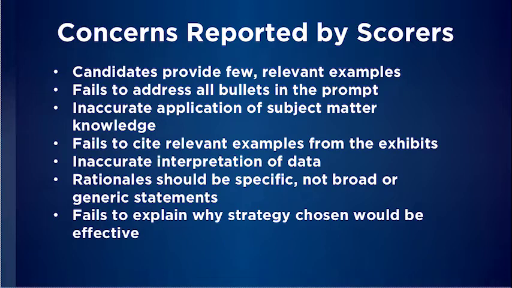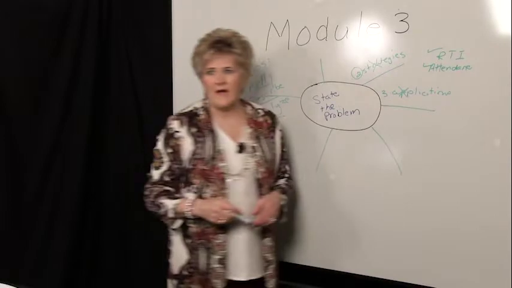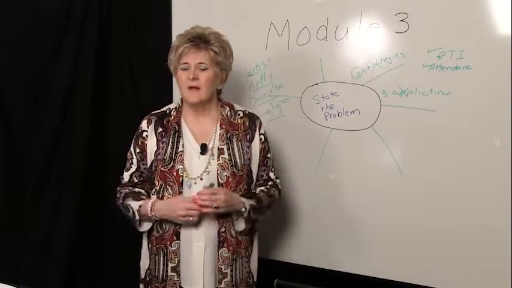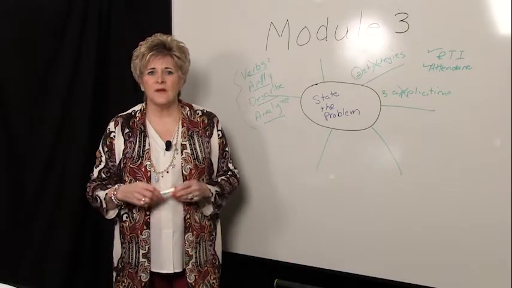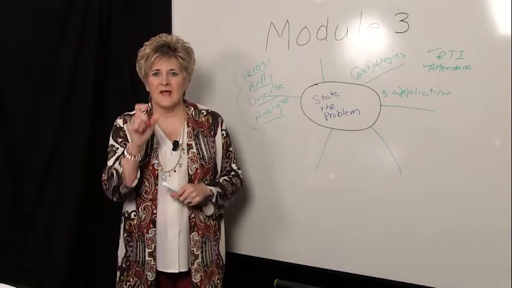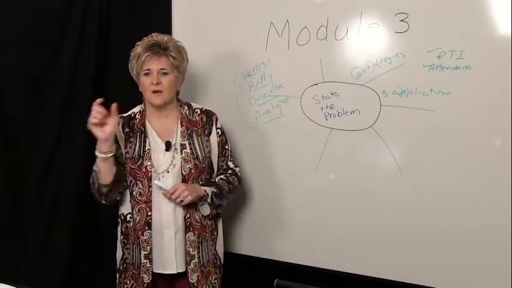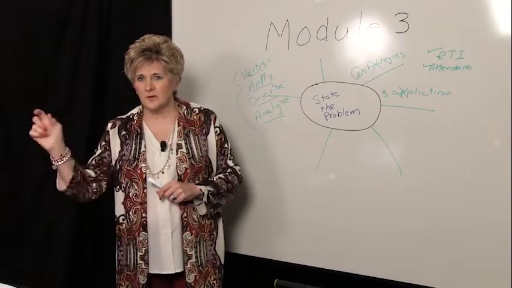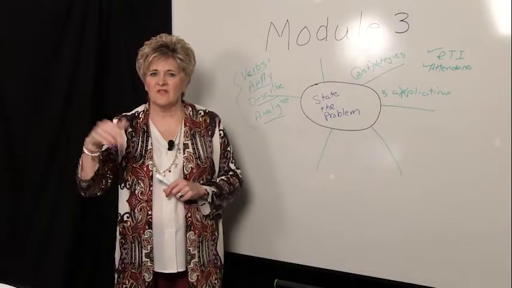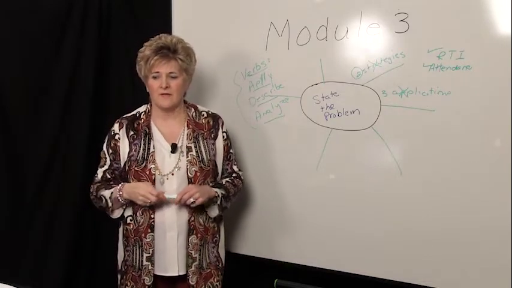Relevant examples such as RTI, PLCs. Let me caution you there that you should always spell out what an acronym stands for first. Professional learning community, response to intervention, and then you may use the acronym after that.